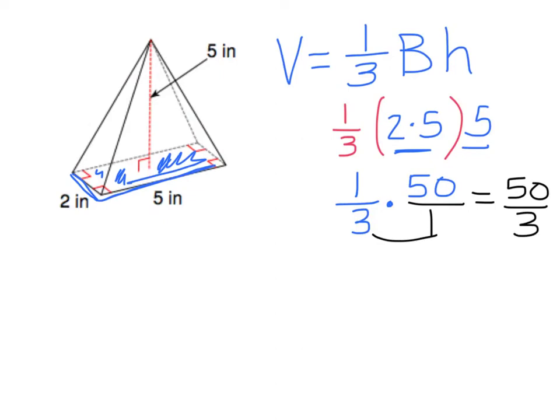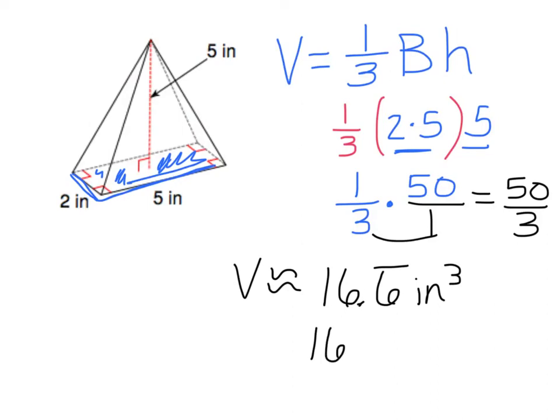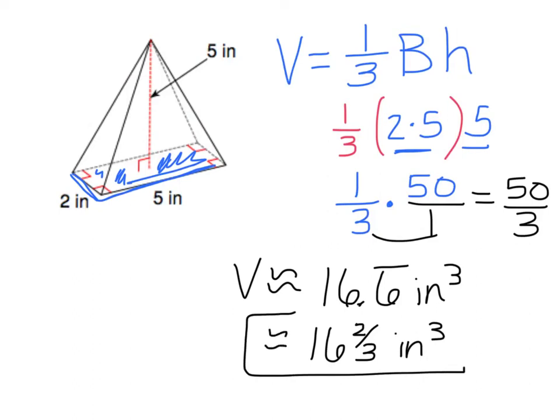Okay, I don't get a real nice answer, so I'm going to say my volume is about, or approximately, 16.6 repeating, it looks like, inches cubed. Or you can say that 16.6 repeating, that's the same as 16 2/3 inches cubed. So that's what my volume is. All right, so I just found the volume of that pyramid.